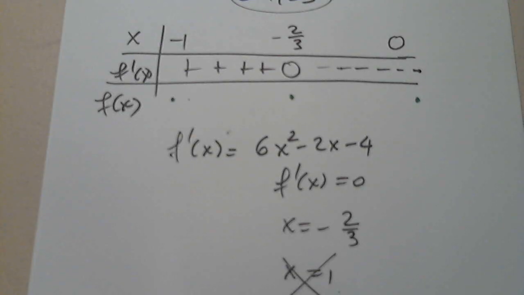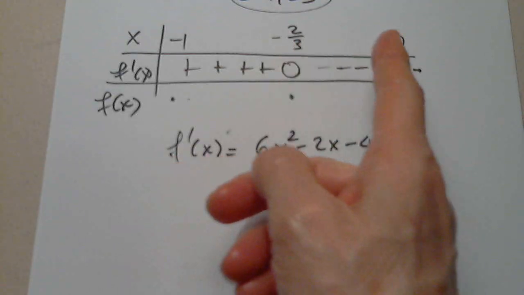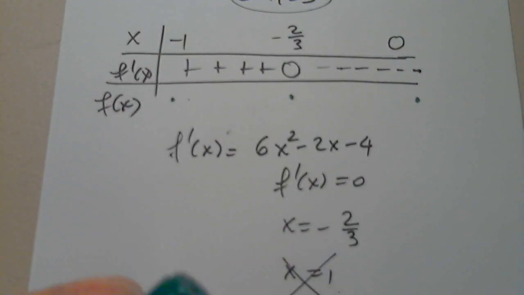So I plug the function into the graphing calculator and plug in -1, -2/3, and 0. I know 0 gives 10. Okay, so let's put the function in: y equals 2x cubed minus x squared minus 4x plus 10.